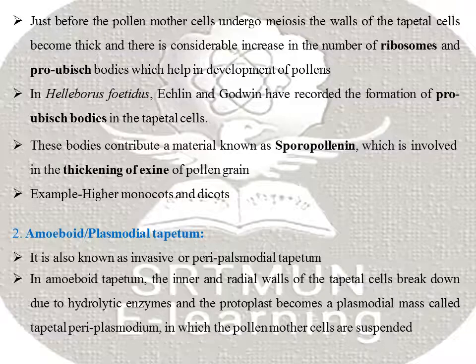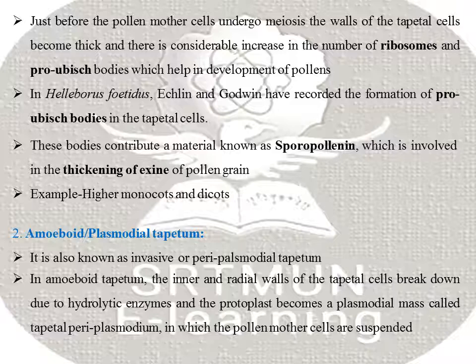Now, just before the pollen mother cells undergo meiosis, the wall of the tapetal cells becomes thick and there is a considerable increase in the number of ribosomes and Ubisch bodies, which help in development of pollen. In Helobiales, Echlin and Godwin have recorded the formation of Ubisch bodies in the tapetal cells.